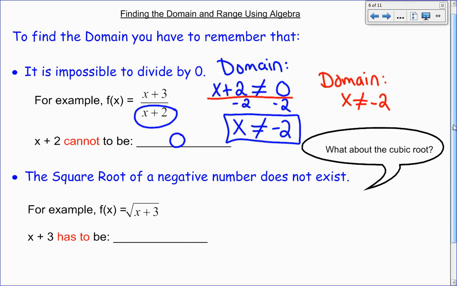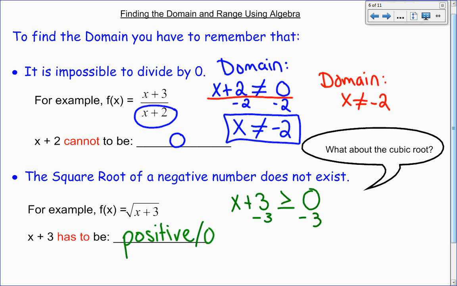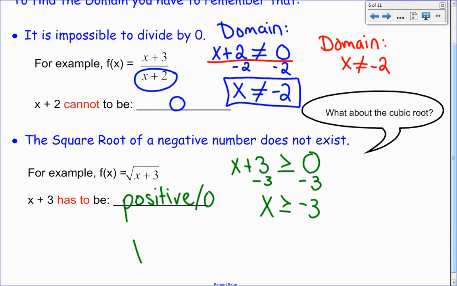So x plus 3 has to be positive in this example, which means x plus 3 has to be greater than or equal to 0. Again, we can solve this by isolating x, so we get x is greater than or equal to -3. And that's our domain. So the domain of this function is that x has to be greater than or equal to -3.